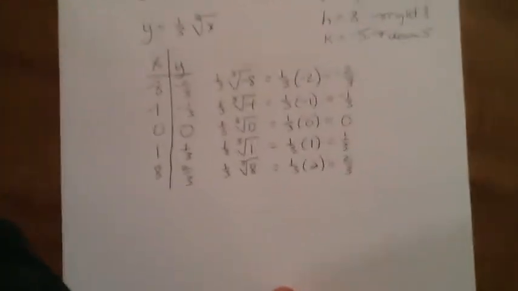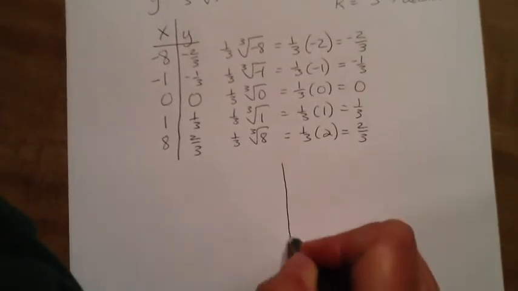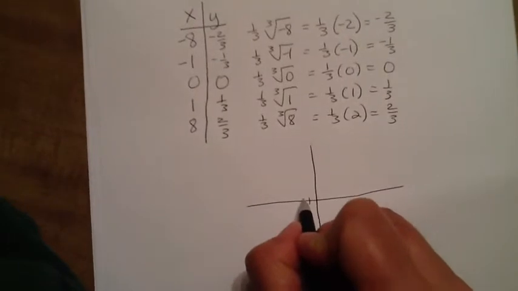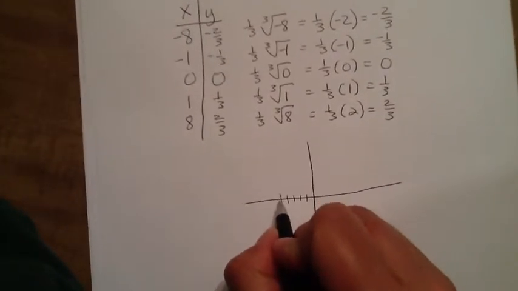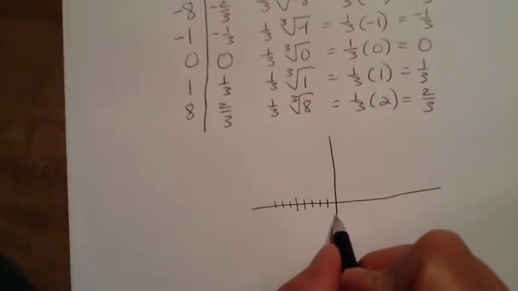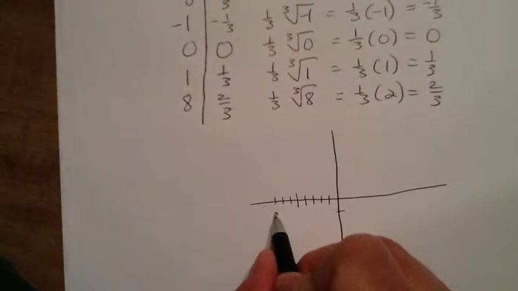So I'm going to plot those points. Sorry about the jiggling camera. I'm going to take my graph and plot the point 1, 2, 3, 4, 5, 6, 7, 8, and I need to go down -2/3, so about right there.